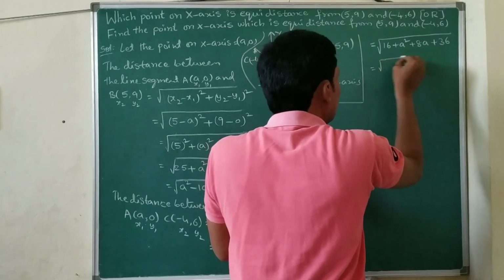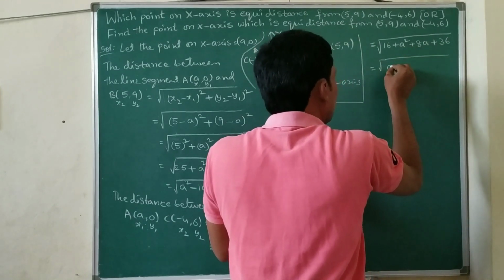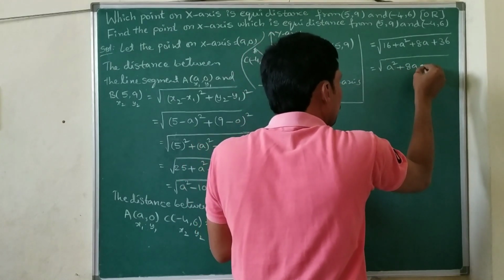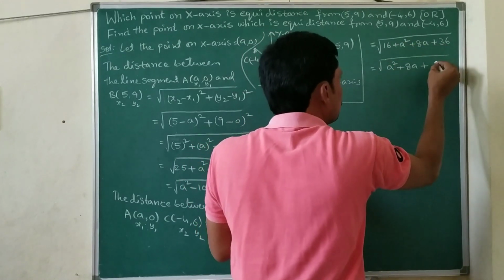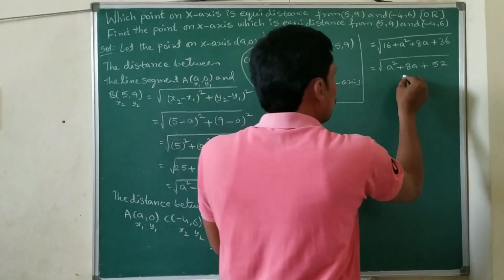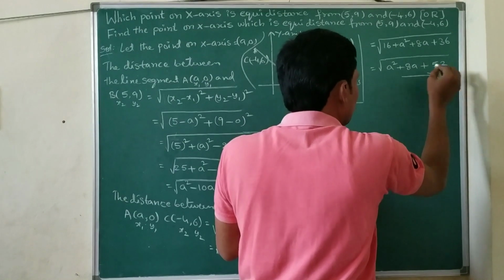Writing in order, a square plus 8a plus 36 plus 16, that is 52. This is equation number 2.